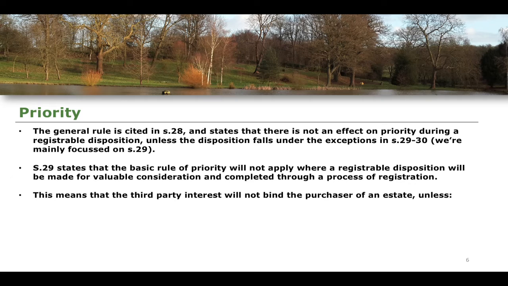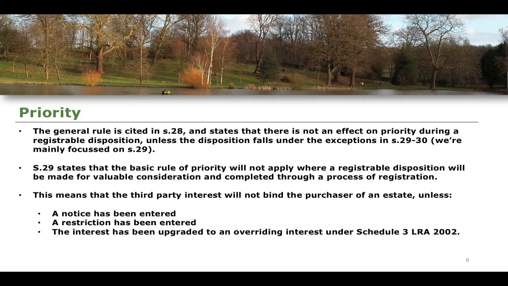This means that a purchaser will not be bound by the third-party interests which would have been bound under Section 28, unless a notice has been entered, a restriction has been entered, or the interest has been upgraded to something known as an overriding interest, which we will see in Schedule 3 of the Land Registration Act.